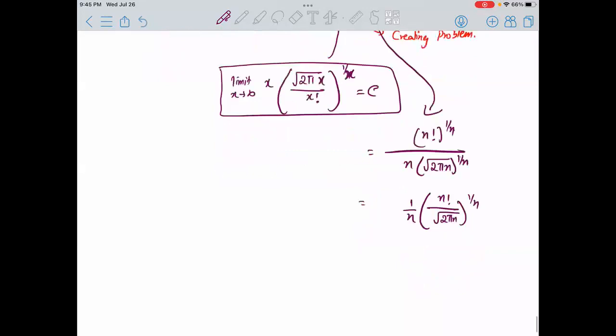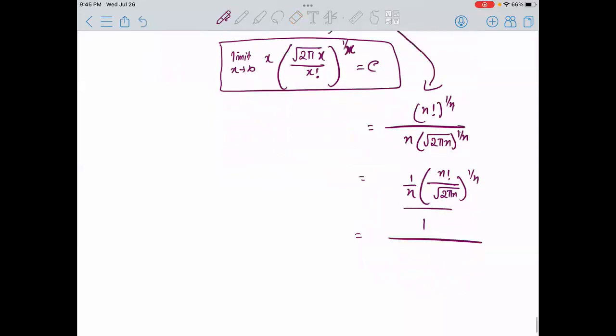So before applying limit, this can be written as 1 by n into root 2 by n divided by n factorial whole power 1 by n. Agree?